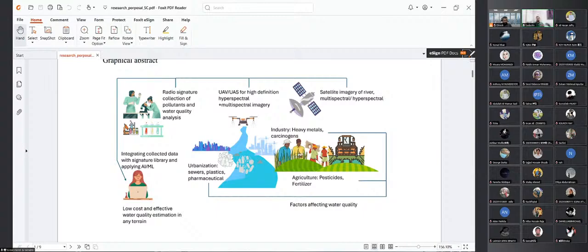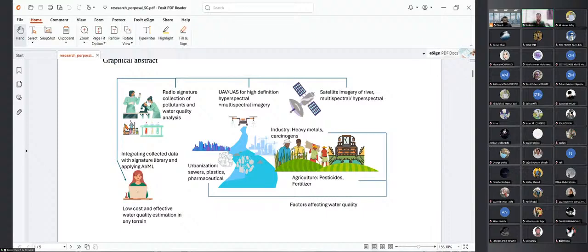Graphical abstract means the extract of all the things that have been written down, which I have tried to explain in one figure.